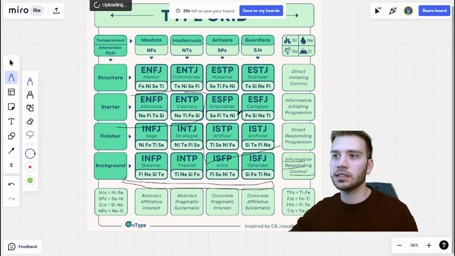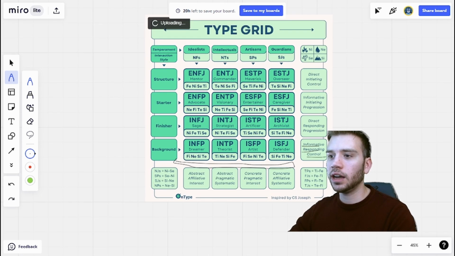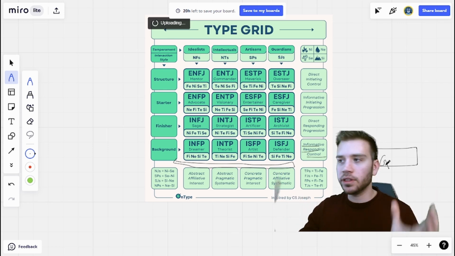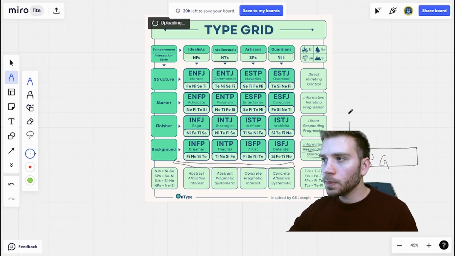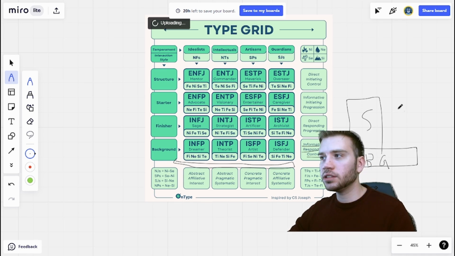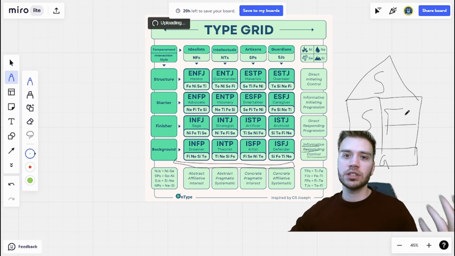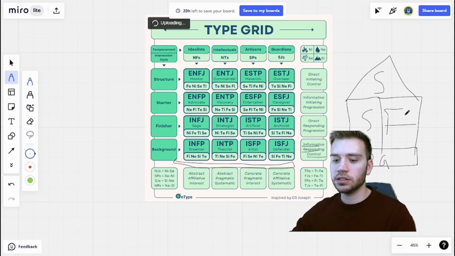These specific types don't mean anything, but if we're looking at a house analogy here, the background types are that floor, that base structure that supports everything, really important. And we have the starter types who start the project, and then we have the finisher types who finish it, and then we have the structure types who oversee everything and make sure that everything is good and in control.